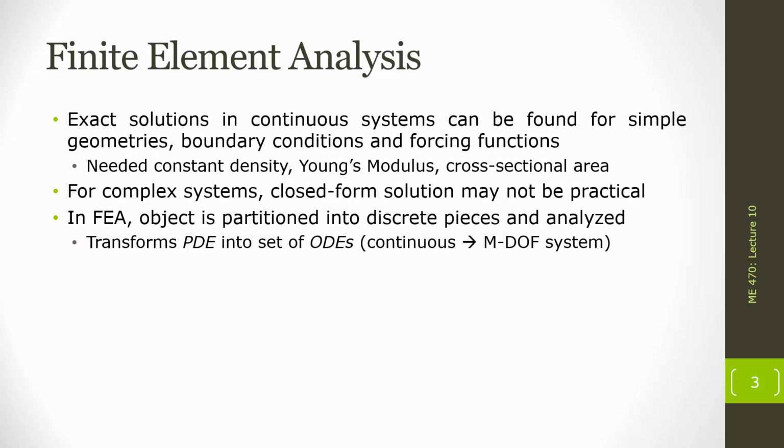And this then goes back to what we saw in Unit 2 with multi-degree of freedom systems, that when we have a set of ODEs, we do have strategies for solving them in the case where we have no damping, at least. We're doing this conversion and we're transforming our system from a continuous system to a multi-degree of freedom system.